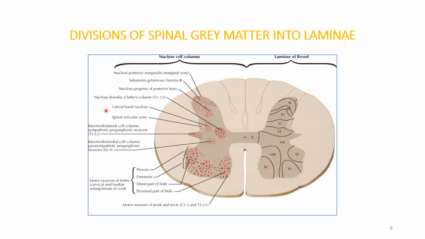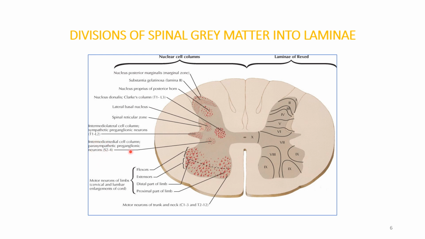Then nucleus dorsalis or Clark's column, which extends from T1 to L3. Then lateral basal nucleus. Then spinal reticular zone. Then intermediolateral cell columns, that is sympathetic preganglionic neurons, which extend from T1 to L2.